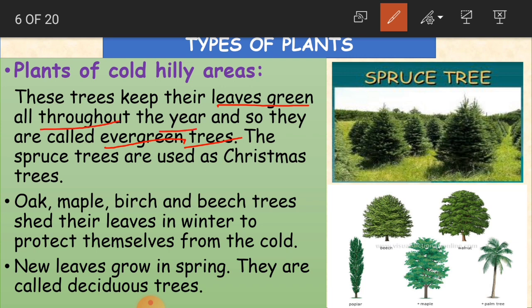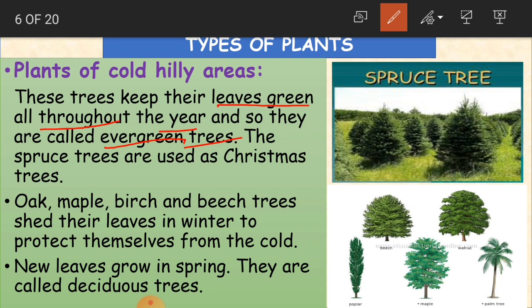Even if you observe our trees, like what we are having in our state right now, sometimes the leaves shed. They turn yellow and shed off. Again when spring comes, they start growing.